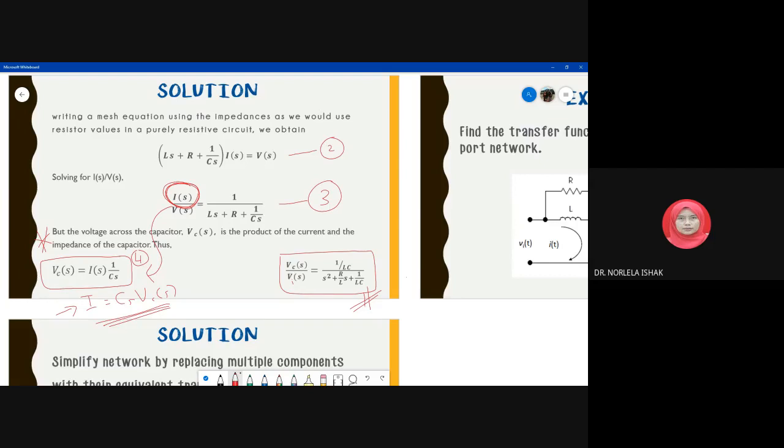I equals CS VC, and then we bring CS back to the right. So we simplify after you substitute current into equation number 3, until you can get this transfer function. Can you follow? Yes.